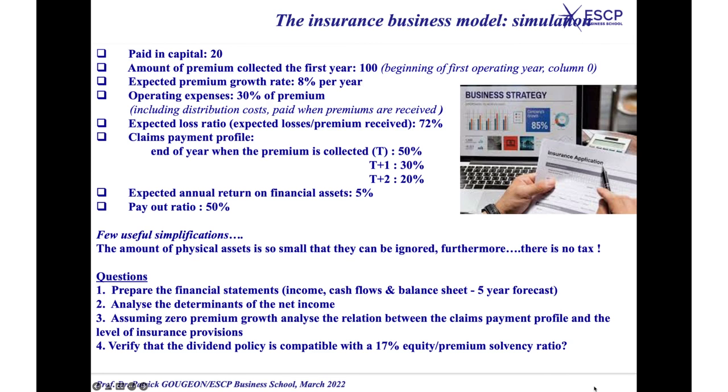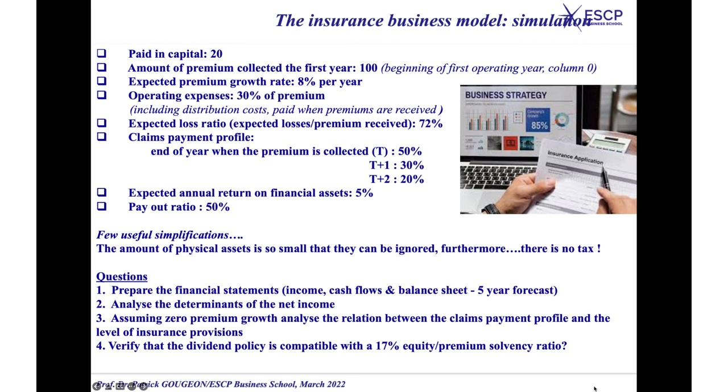Then, as we'll see, we're going to assume a zero premium growth rather than 8%. We're going to take 0% just to be able to focus on one important point, which is the importance of the time lag between the moment when you receive premiums and when you pay, okay?